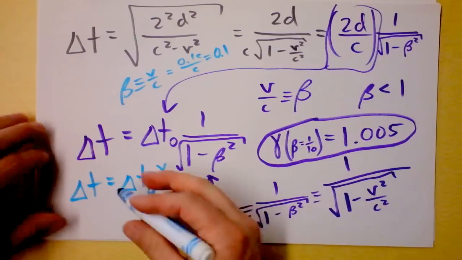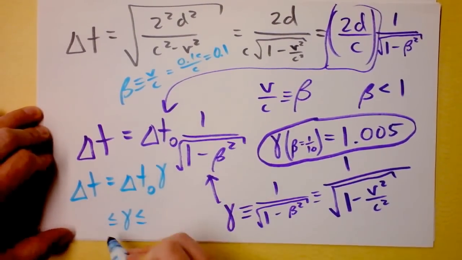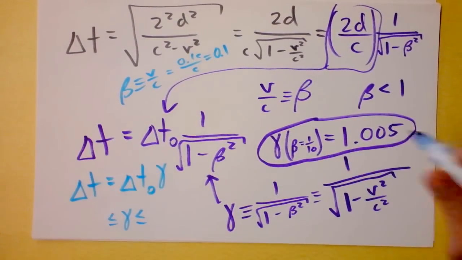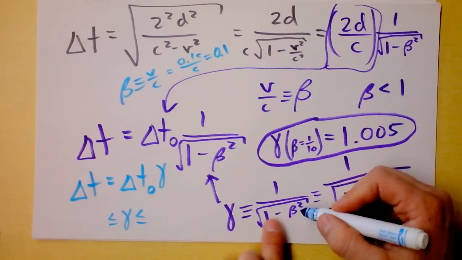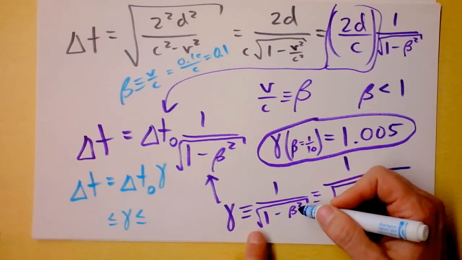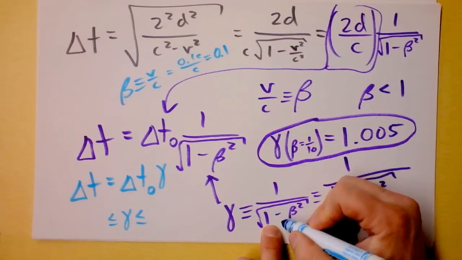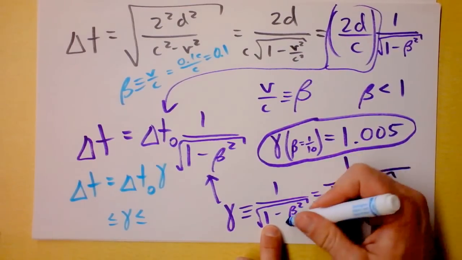And gamma, let's see, what is the range of gamma? We said that beta is always less than 1, and if I'm taking 1 minus the square of a number less than 1, then that's going to be in between 0 and 1. And then I'm taking the square root, and it's actually going to get a little bigger because it's between 0 and 1.